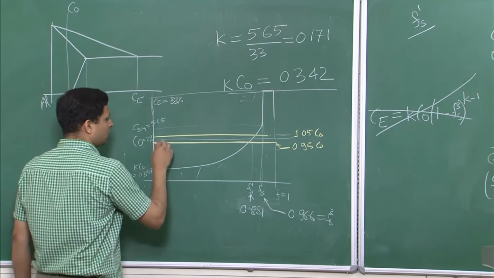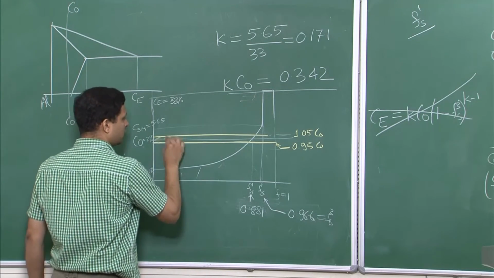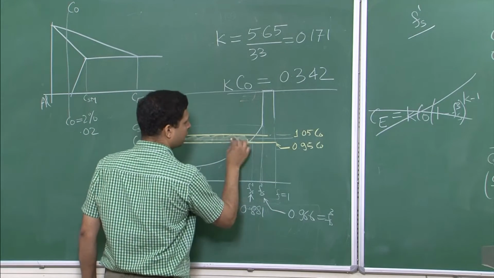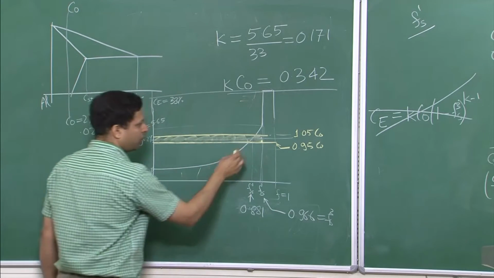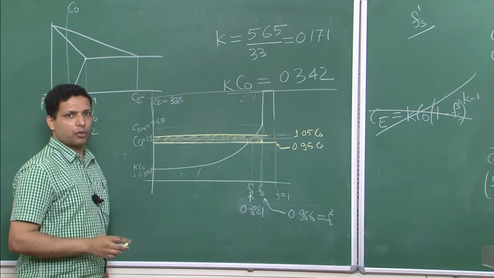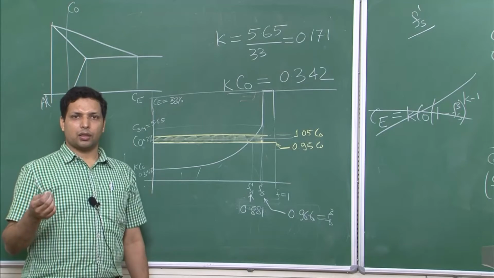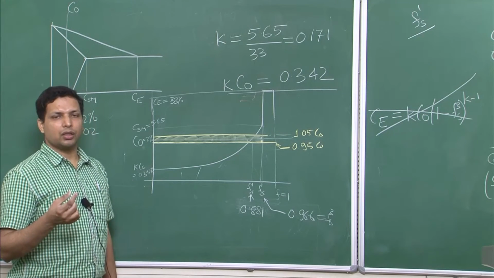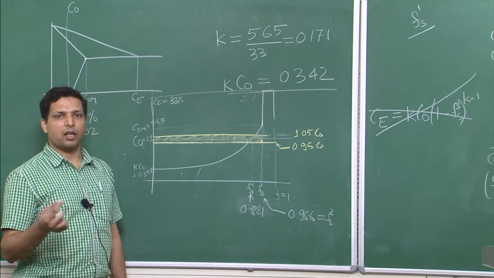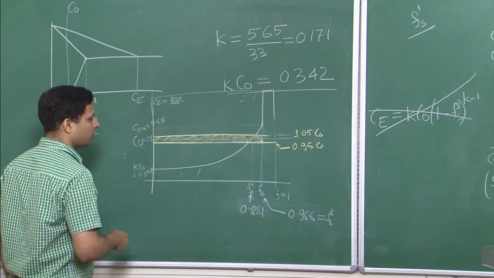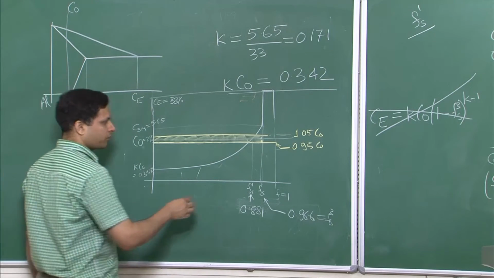This part of the question is asking what fraction of the overall solid lies within this composition, because the overall composition was C naught. So we want to know what amount of fraction lies within that range, and what is that delta amount of the length or the fraction.